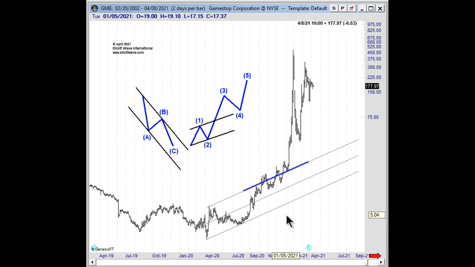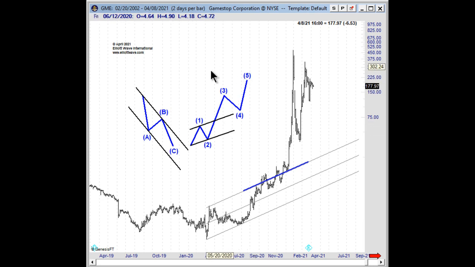Again, the key idea behind KCT, or the Kennedy channeling technique, is that counter trend price action, and as an Elliottician we use letters to identify counter trend price action, tends to be contained by parallel lines. An impulsive move, a 5-wave move, an impulse wave, is not.